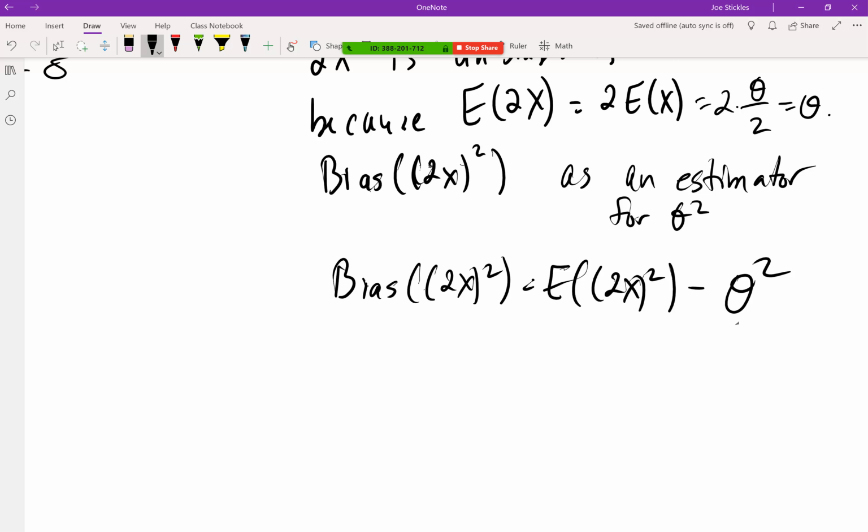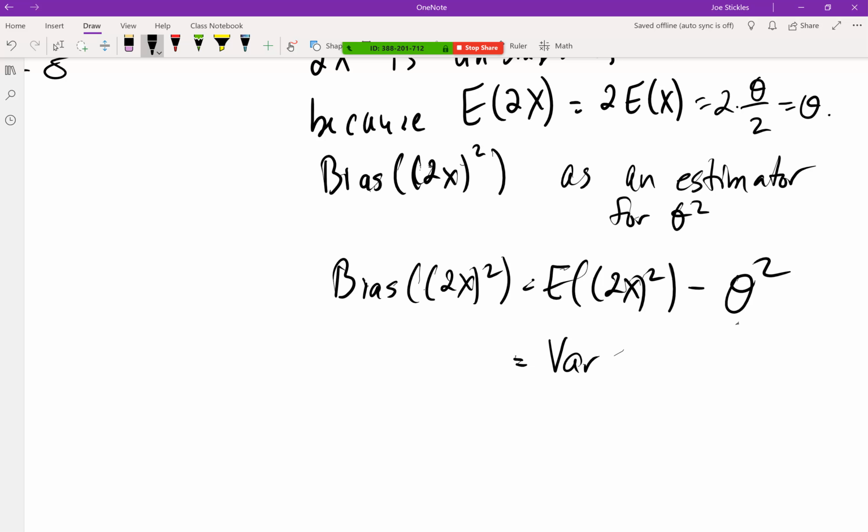So, probably the easiest way to do this one is to do it like we attacked the previous one. We had to do the expected value of q squared. For that, we had to use the variance formula to get an expression for the expected value of x squared.